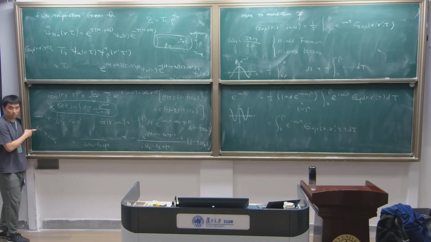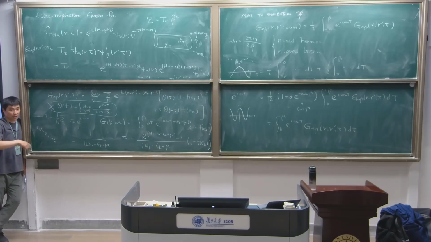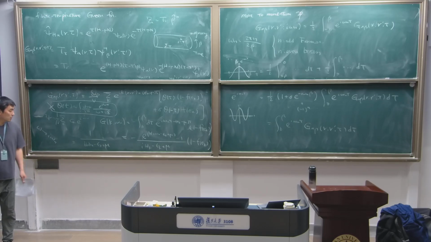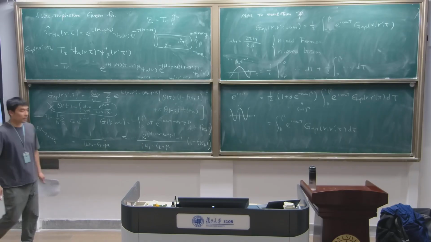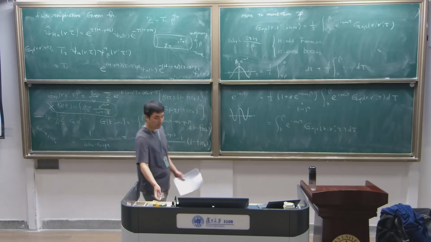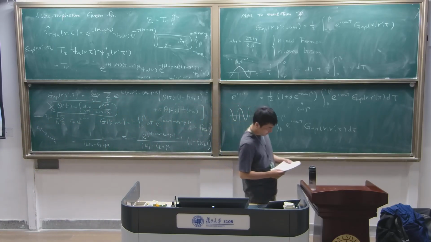Because the time is transformed to imaginary time, the cost of going from Lorentzian to Euclidean, or imaginary time, is just replacing the frequency omega with the Matsubara frequency omega n. So that's also a Fourier transformation for the Green function. It's very simple.